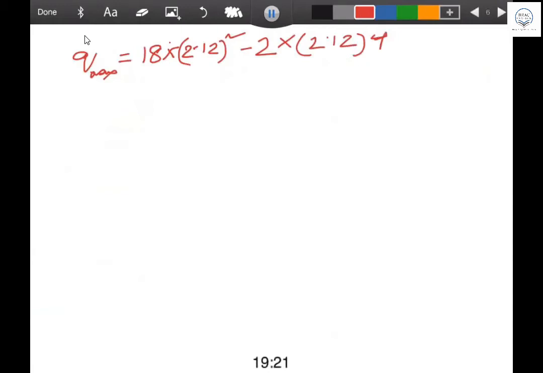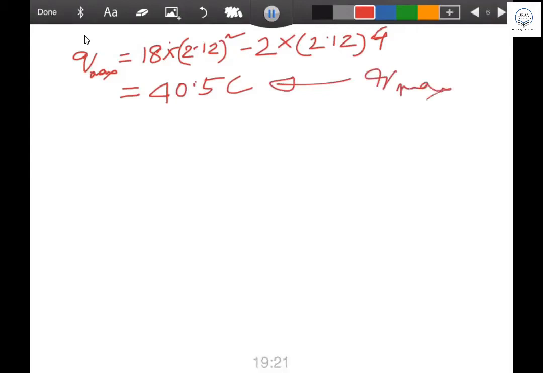This is the equation. Now you have to do the calculation. What is the answer? 40.5 coulomb. This is the maximum charge, Q max, you are getting.